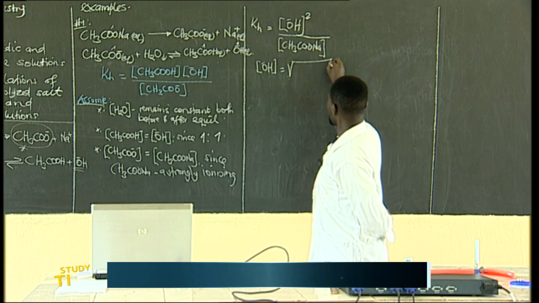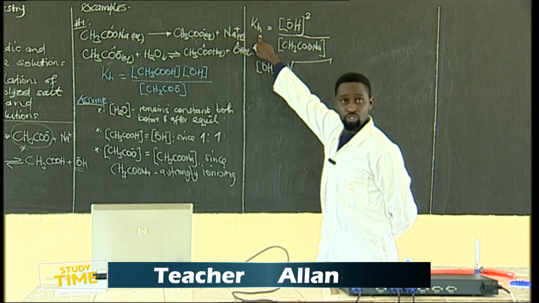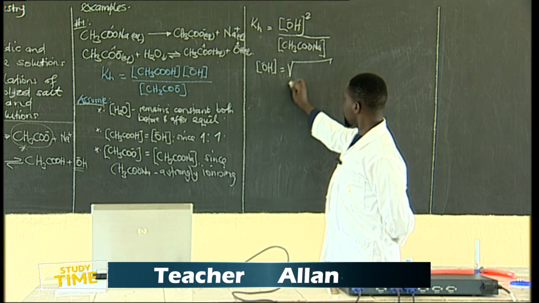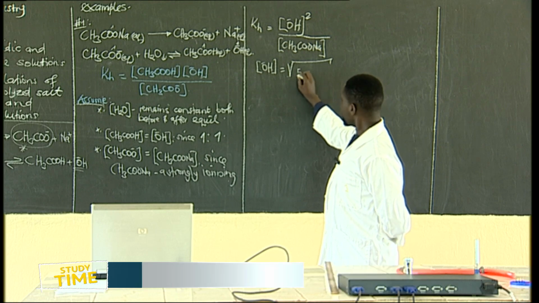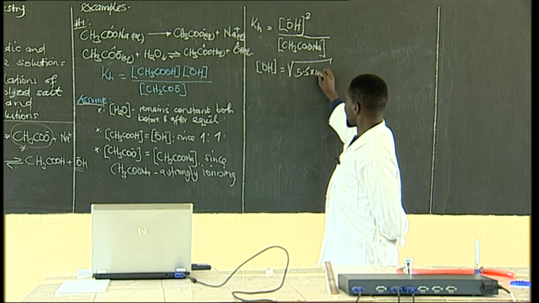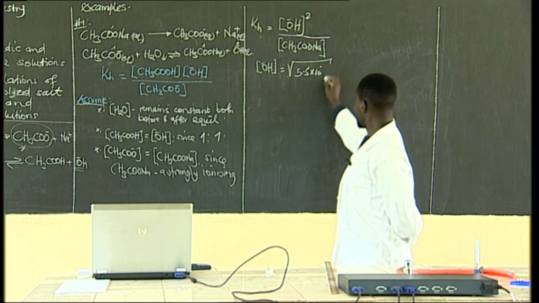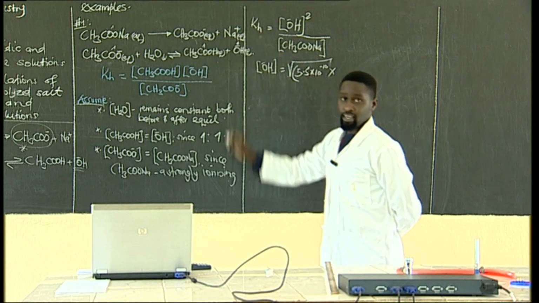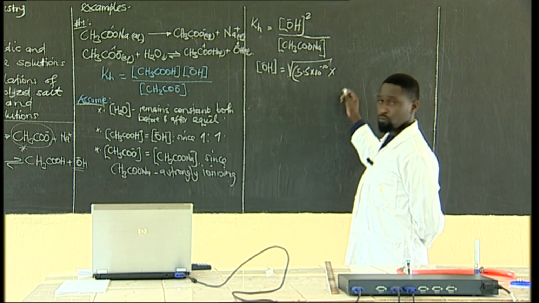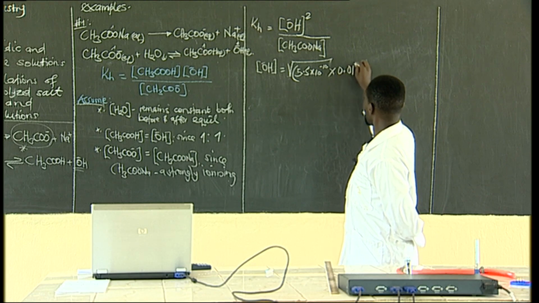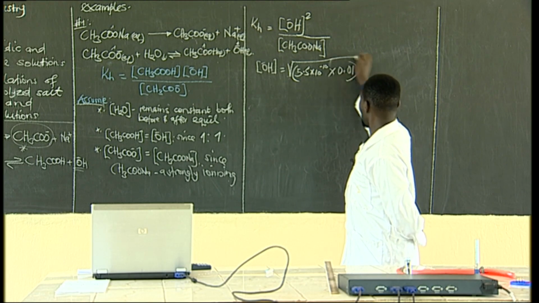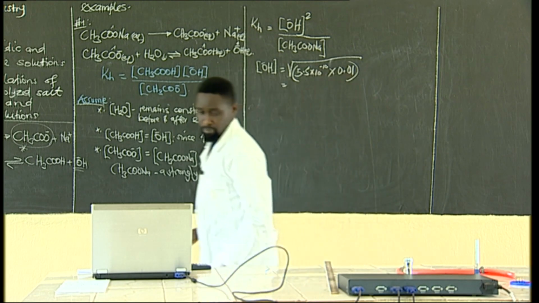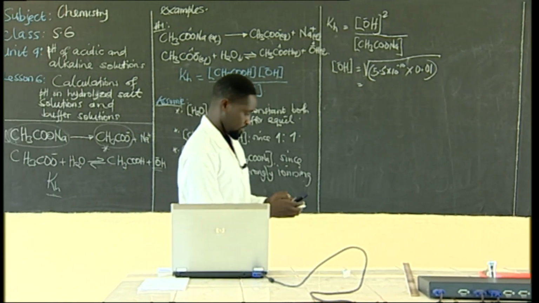It will be the root of the amount. Do we have the value of KH? Yes, it is given as 5.5 exponent negative 10 times, take this the other way, what is the concentration? We have 0.01.